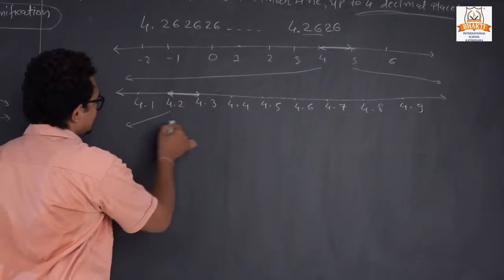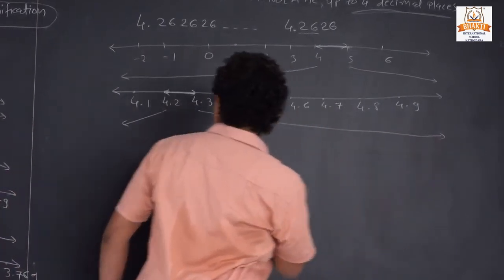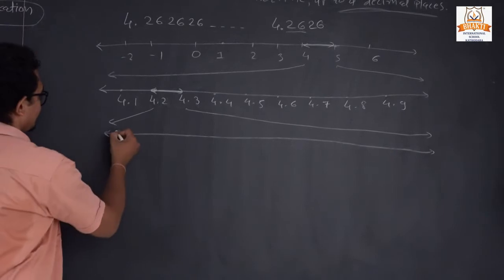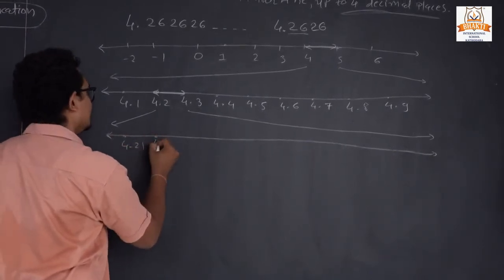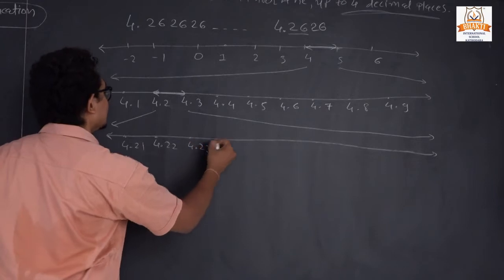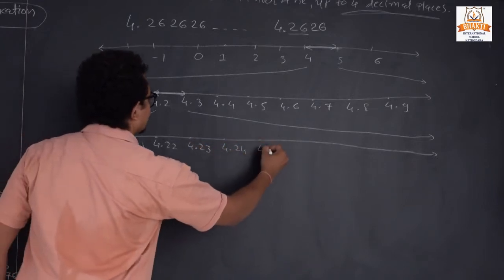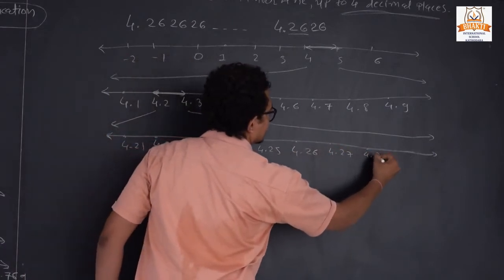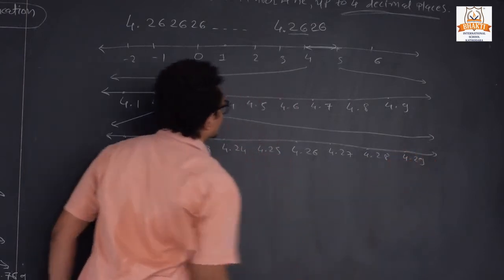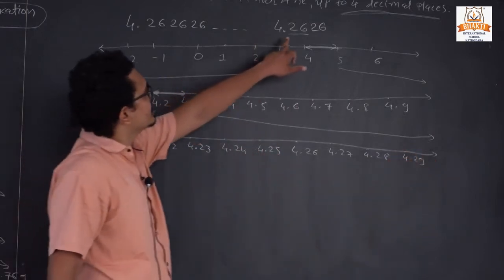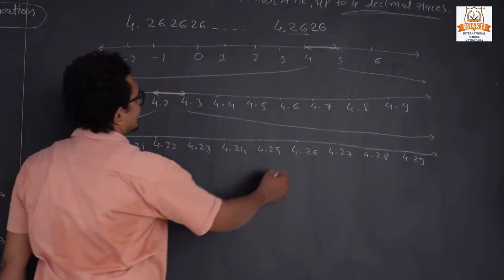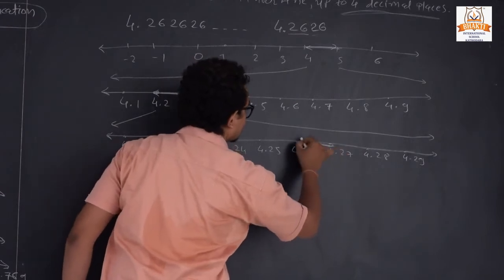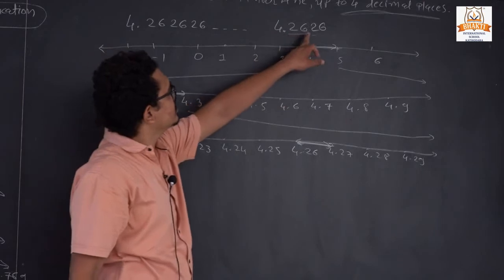So once again we can visualize. We draw the number line. Now we write 4.21, 22, 23, 24, 25, 26, 27 up to 29. Now the next digit is what? 26, then 2. So it is between those two numbers, 4.261 then 4.262, like that.